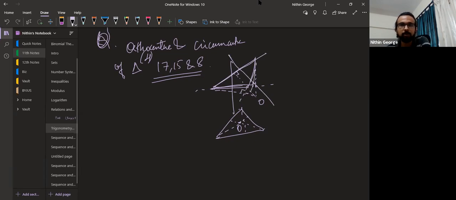You have this here, you draw a perpendicular bisector. They should all meet at a point, and that is called the circumcenter. You're asking for the distance between orthocenter and circumcenter. How would you do that? Guys, what's the distance between them here?